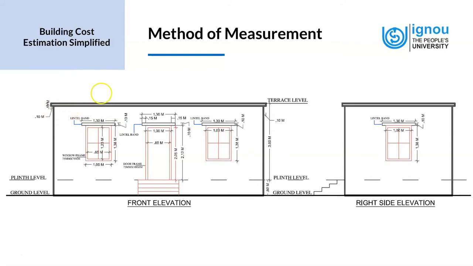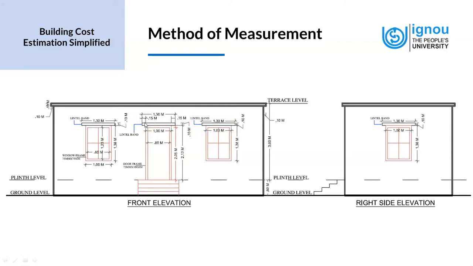is 1.28 meters. Now there is one more piece of information available from the drawing, that is the lintel band that goes above both the windows and also the door. Now the lintel band width is 1.3 meters. That's the same for all the three openings.